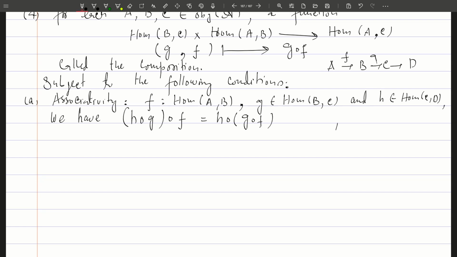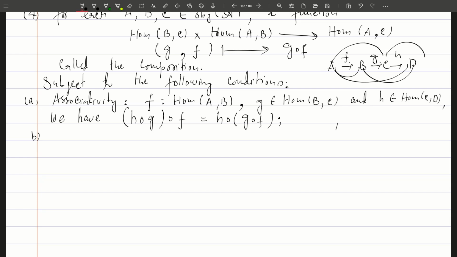This is the map F, this is G, this is H. Going from A to D is the same as first going from A to B, then going from B to D via the map H composite G. So it is the same as if we first travel the composite map G composite F, which takes us from A to C, then we compose the map GF with H, and that takes us from C to D. So these two maps should agree.